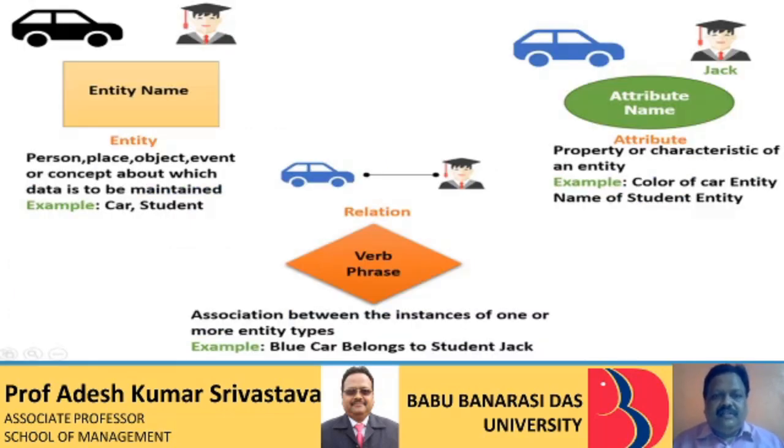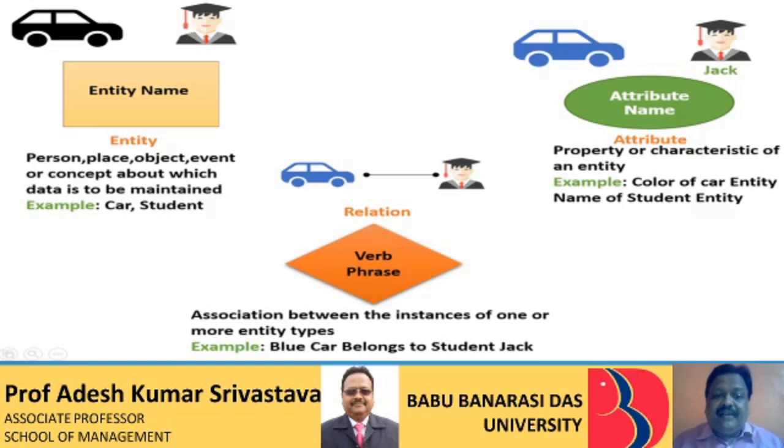Now see what we do. The entity name. Entity name is what? An entity can be a person, place, object, event, or concept about which data is to be maintained. For example, a car or a student. Now what is relationship?